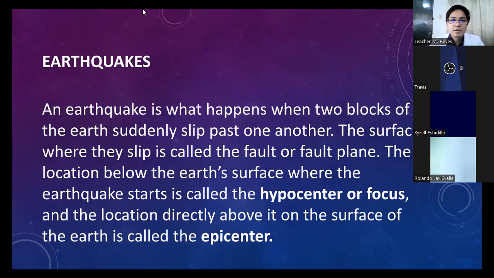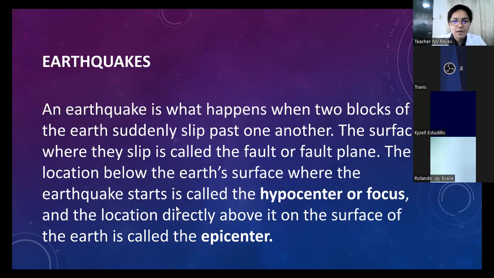Let's continue. Earthquakes. An earthquake is what happens when two blocks of earth suddenly slip past one another. The surface where they slip is called the fault or fault plane. The location below the Earth's surface where the earthquake starts is called the hypocenter or focus. Again, please take down notes.